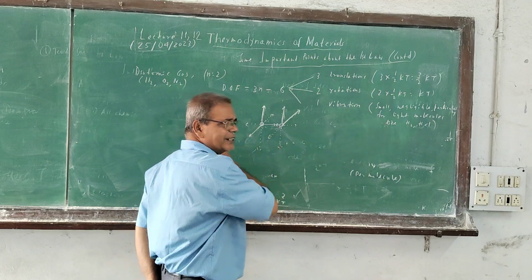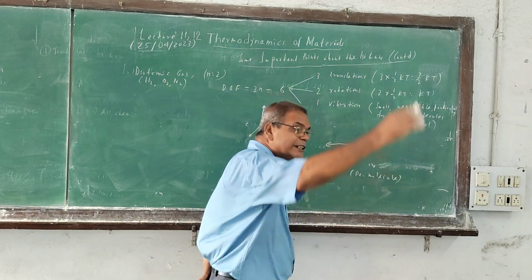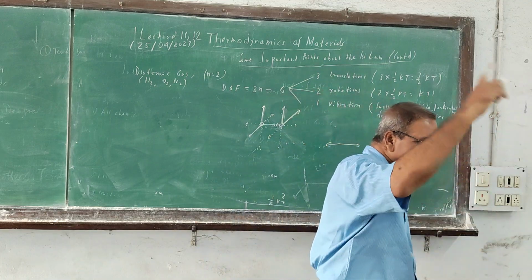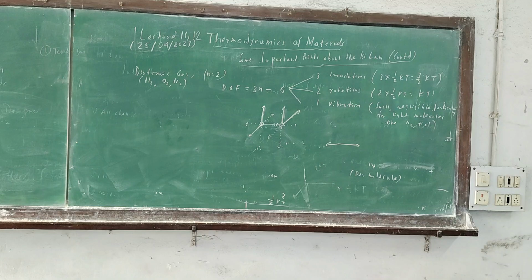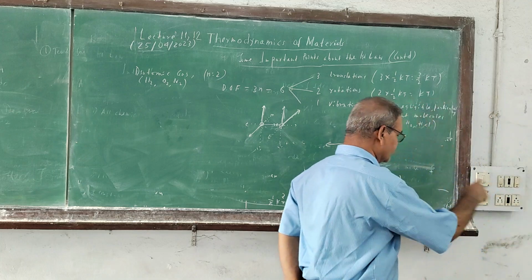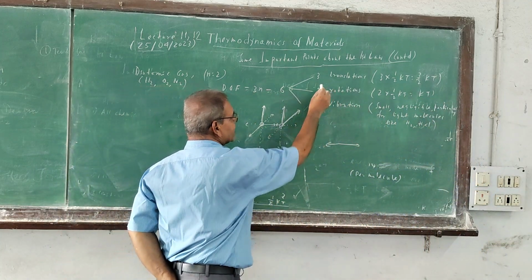Remember, these and these do not constitute 2 directions. Otherwise you would have a 6 dimensional space. If it is x, then minus x is still x, not another dimension. Similarly y. So 3 translation is explained.